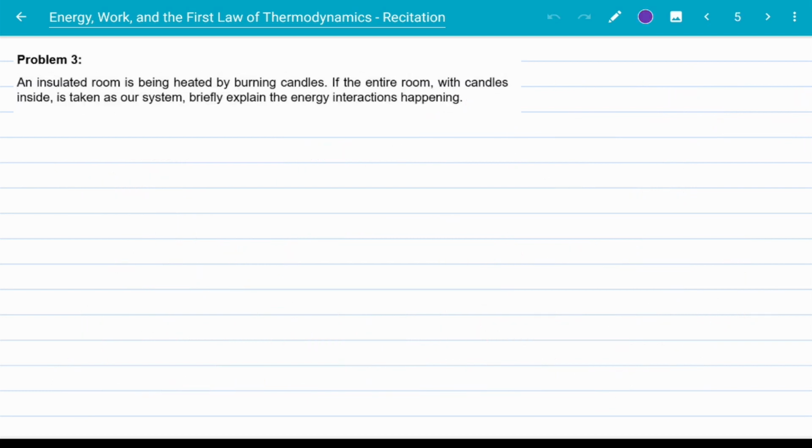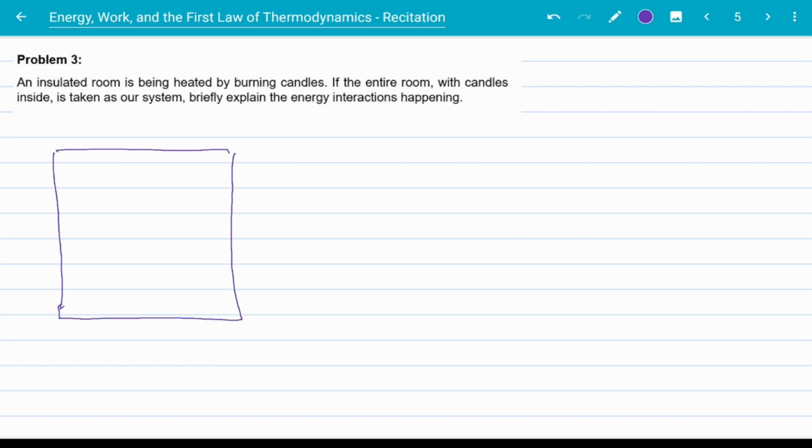Okay, problem 3 is more of a conceptual problem. It says we have a room which is completely insulated, and there are a few candles inside burning, and the temperature inside the room is rising. What are the energy interactions that are happening inside this system? Okay, so first of all, let's draw our system.